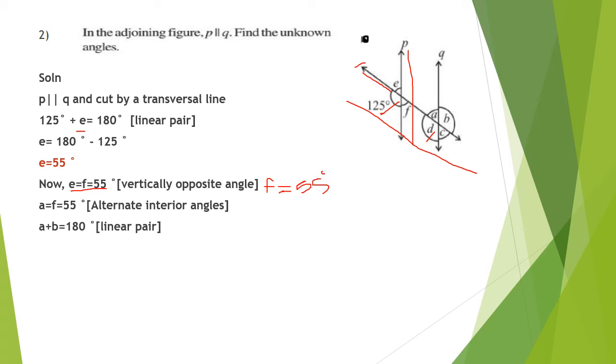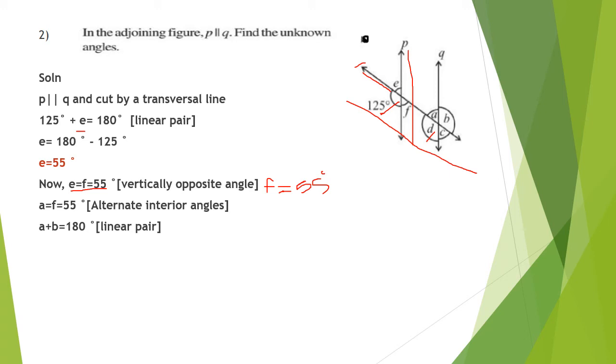Is it clear, children? I'll explain one more time. Here, two parallel lines P and Q and one transversal is drawn, and some angles are given. You want to find out the unknown angles. First we take this P, one straight line and one common arm.